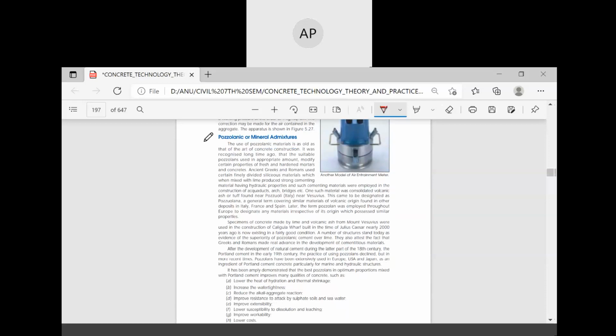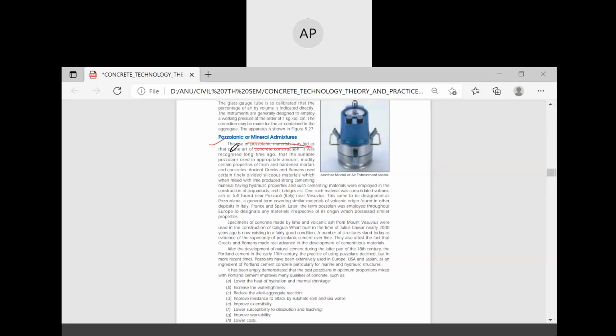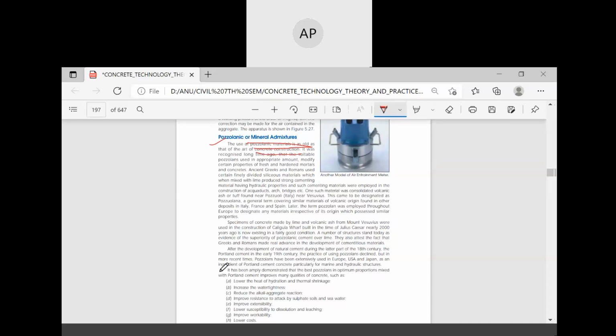Next admixture is pozzolanic or mineral admixtures. The use of pozzolanic materials is as old as the art of concrete construction. Specimens of concrete were made with volcanic ash. If you use pozzolanic or mineral admixtures, what will happen?